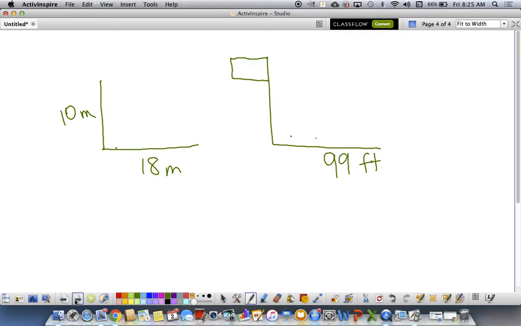This is one, unlike the one Addison told me, where she's going 10 is to X and 18 is to 99. I'm not doing that. I want 10 meters divided by what? Can you reduce? What are you going to reduce?